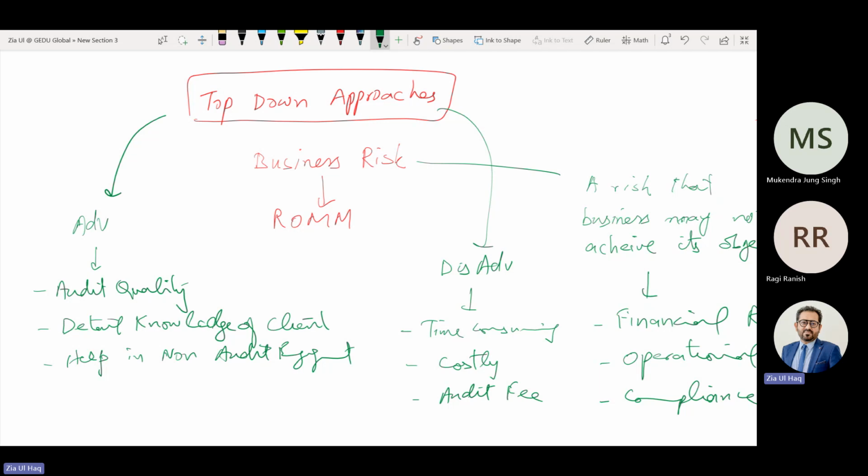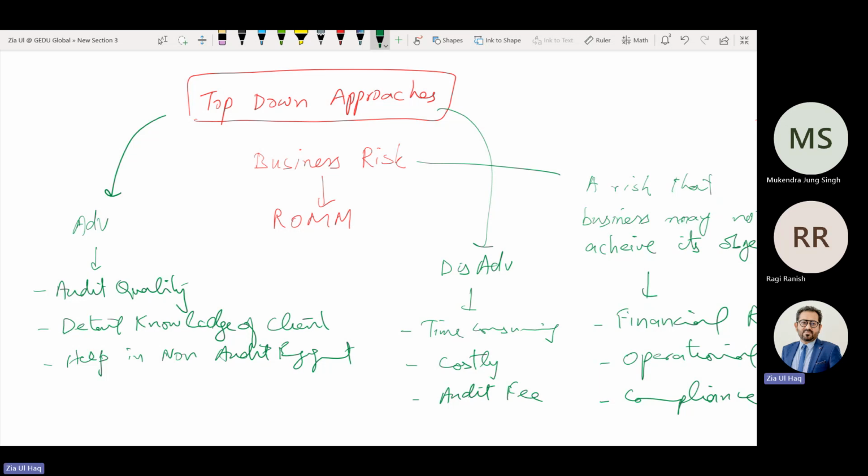There are some disadvantages of the top-down approach. Sometimes our client, instead of asking to conduct an audit of their financial statements, could ask for a separate assignment. Can you please identify our business risk and recommend some measures on how we can overcome those risks? This could be a separate assignment for the audit firm, not audit. This is what a non-audit engagement is: to evaluate business risk of the client.